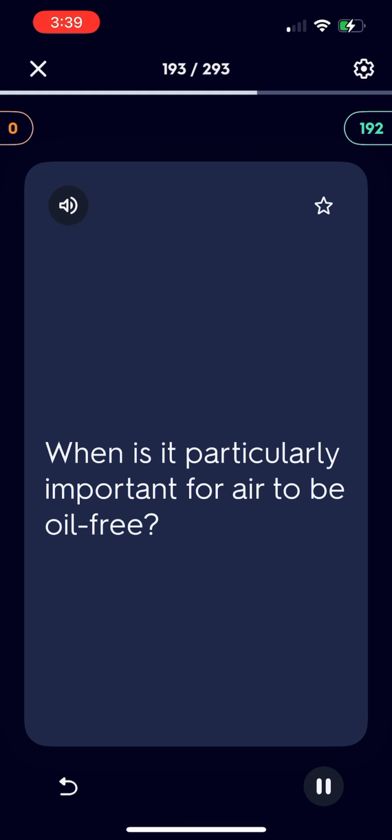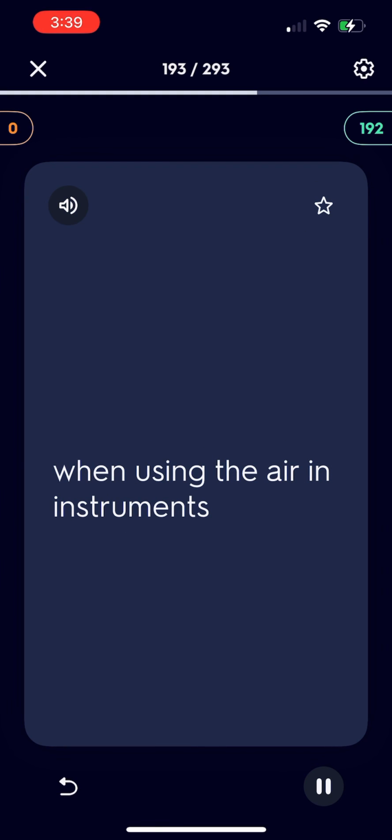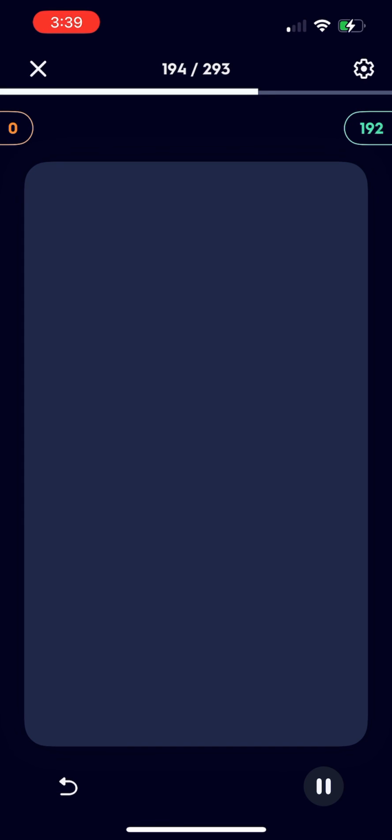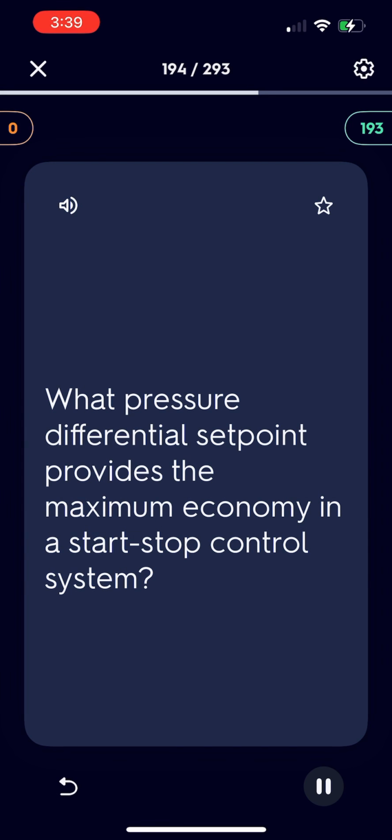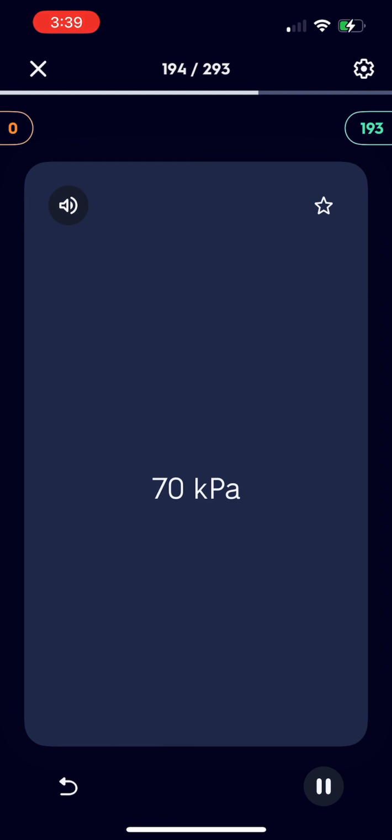When is it particularly important for air to be oil-free? When using the air in instruments. What pressure differential set point provides the maximum economy in a start-stop control system? 70 kilopascal.